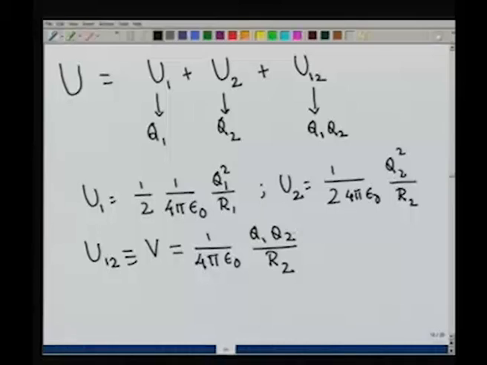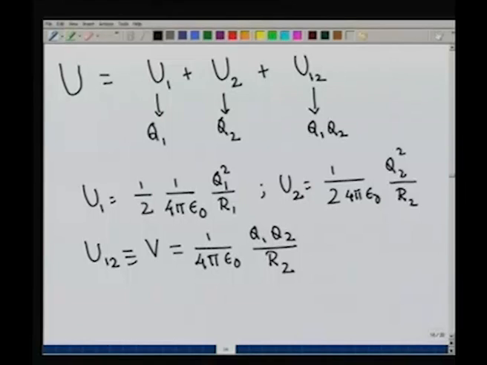U1 does not refer to U2, U2 does not refer to U1. But now I say that these two are concentric spheres, and I ask, suppose there is already a certain charge density corresponding to the inner sphere, and there is a charge density corresponding to the outer sphere, what is the interaction energy? And that turns out to be Q1 Q2 by R2.